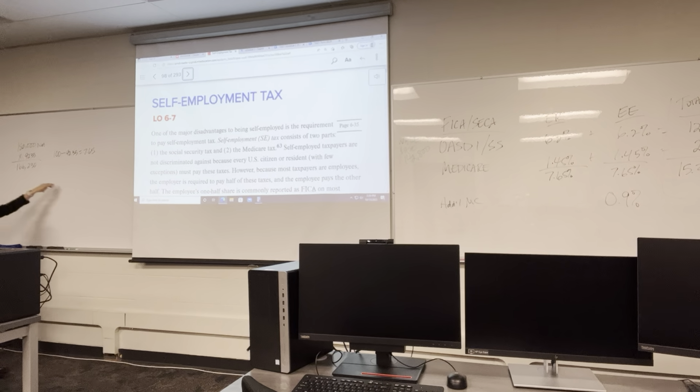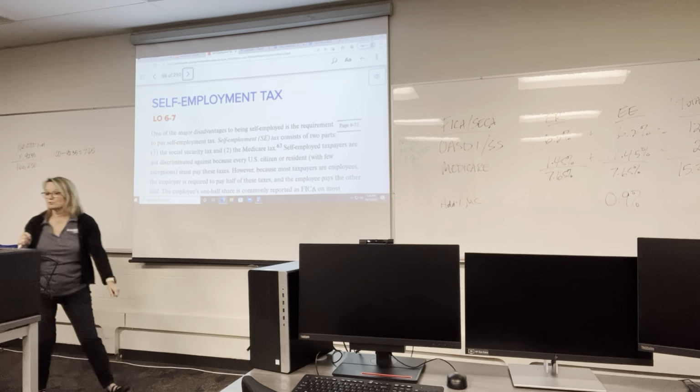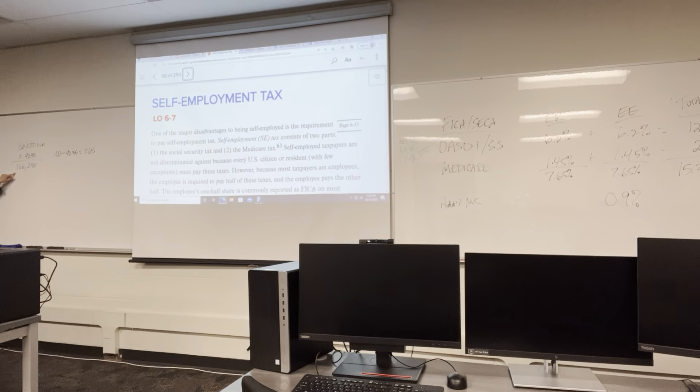OASDI, Social Security, has a wage base of $142,800, which means we don't have to tax the whole $166,230. We're going to tax the $142,800. So this is for Social Security. For Medicare, though, we're going to tax all of it. We're going to do 0.124 times the wage base, and 0.029 times the full amount.